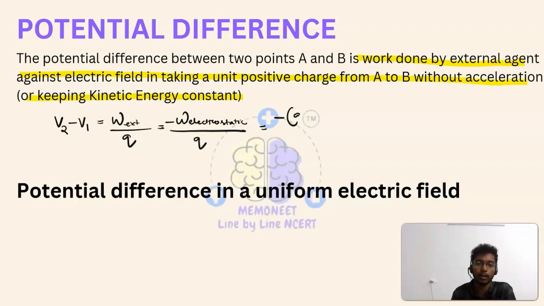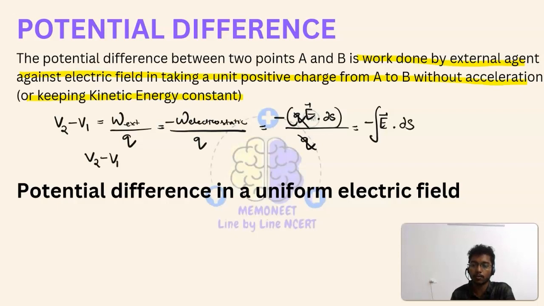So we can write Q into E dot ds upon Q. The Q cancels out, so we have E dot ds, integrated. So V2 minus V1 is equal to minus the integration of E dot ds.